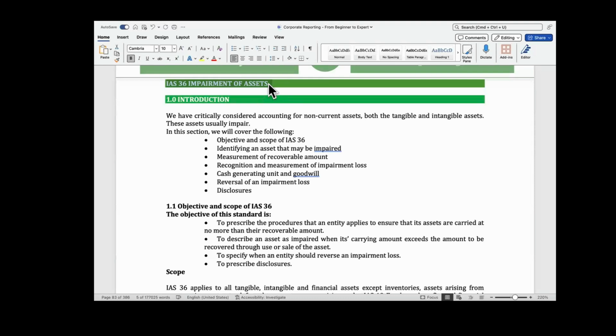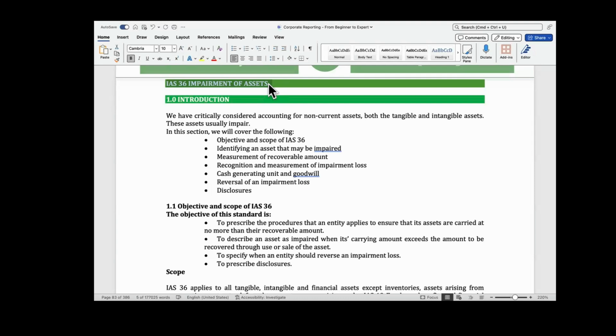So to a large extent, we would expect that this diet again, ICAN is going to ask a question on impairment of assets because they just want to be sure that you are able to apply whatever is happening in the economy to your financial reporting, or your reporting as an accountant in practice.